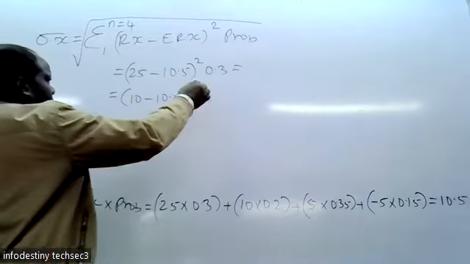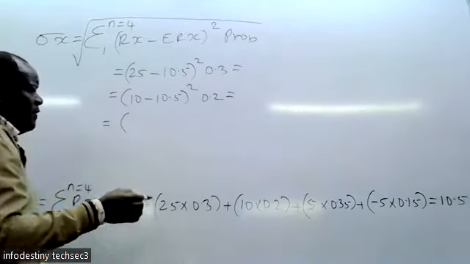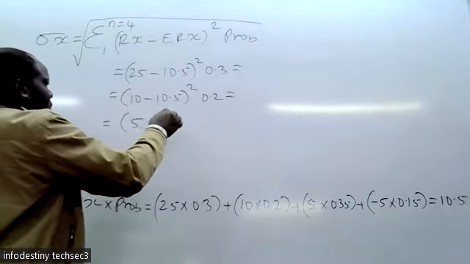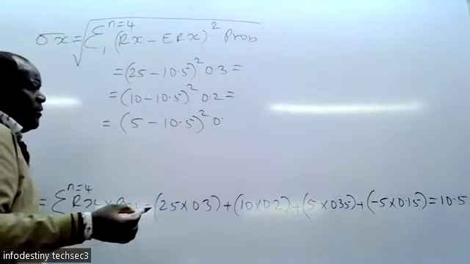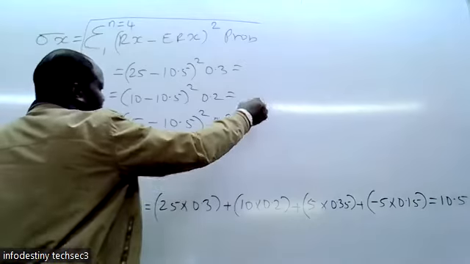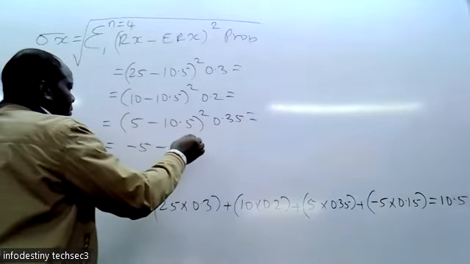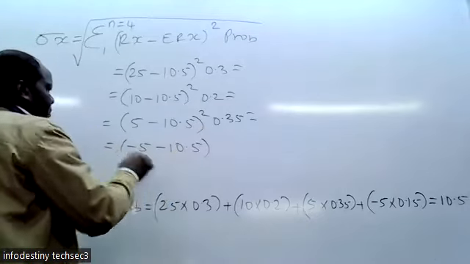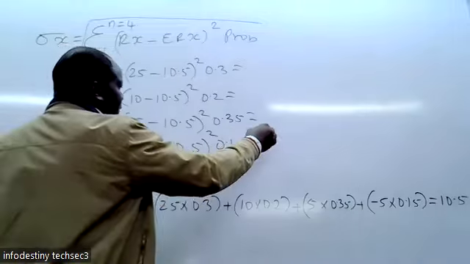The probability is 0.2. The third was 5. You also minus 10.5. We square. The probability is 0.35. Then the last one is -5. We also minus 10.5, square, then 0.15.